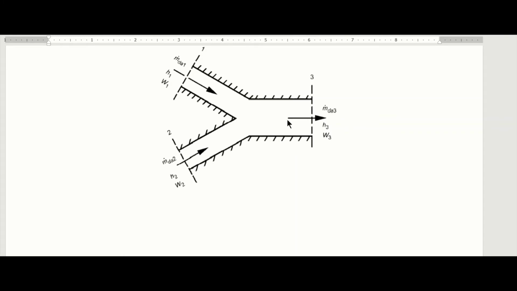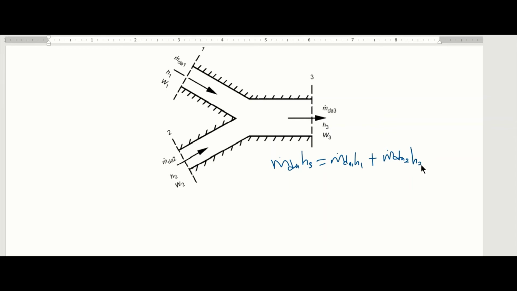So from this diagram, which is similar to a continuity equation, we can therefore say that the mass flow rate of dry air times our enthalpy at point 3 is equal to the mass flow rate of dry air at point 1 times H1 plus the mass flow rate of dry air at state 2 times H2.